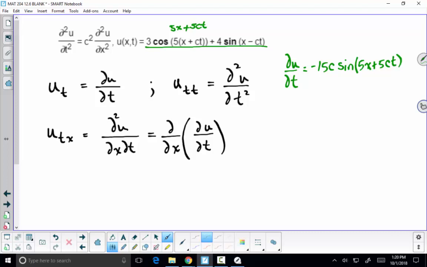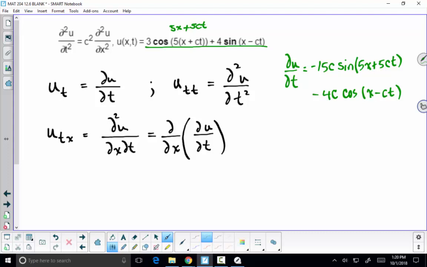And then we differentiate sine, so that's going to be a cosine. And the partial of the inside with respect to t is negative c, so we're going to get negative 4c times cosine of x minus ct. So that'll be our first partial of u with respect to t.